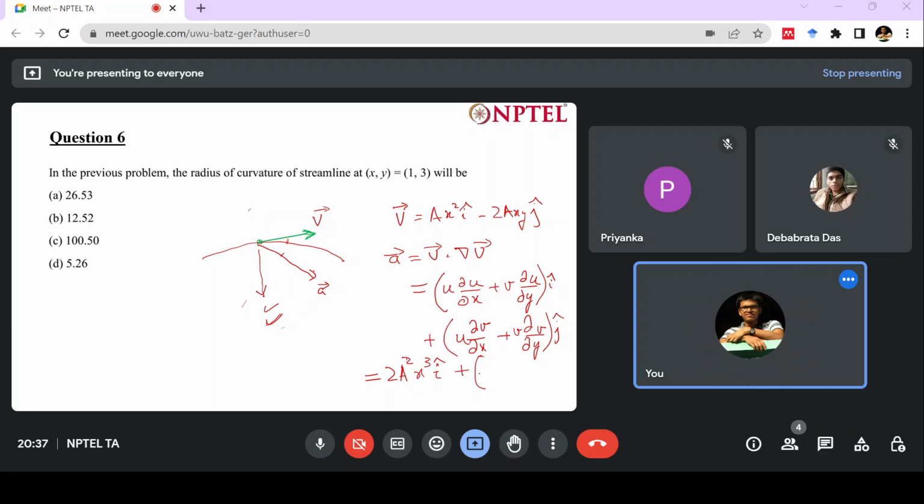So minus 2a square x square y, right? And v component is again minus 2x and del v del y is x. I don't seem to get 0 again. Can you check?